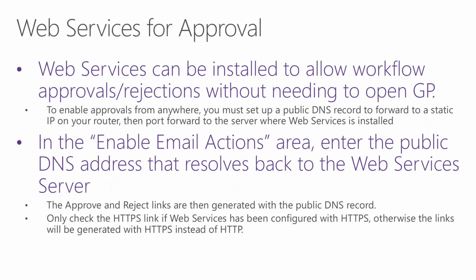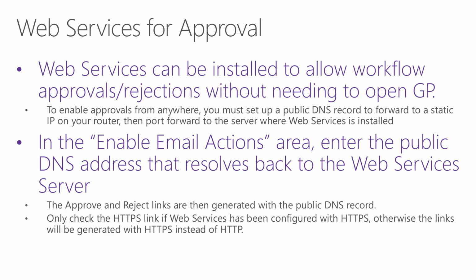Web services is a functionality that comes on the GP media to set up web services. It does have a wizard, but there are some things within that web services setup that might require you to either engage your IT folks, or you might need to contact InterDyn and let us help you with that web services install, because it's a necessity to allow the workflow approvals and rejections without needing to open GP.